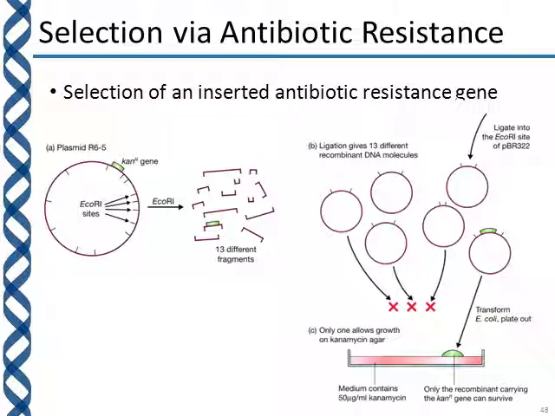Ligation gives 13 different recombinant DNA molecules when these are ligated into the EcoRI site of a plasmid. Only those plasmids which contain the resistance gene can grow on kanamycin-containing agar. So only the recombinant carrying the Kan-R gene can survive.